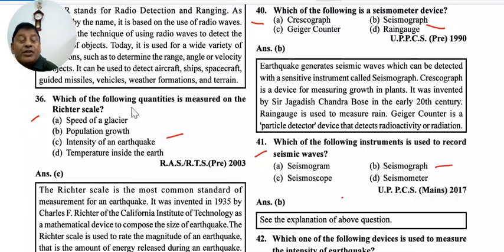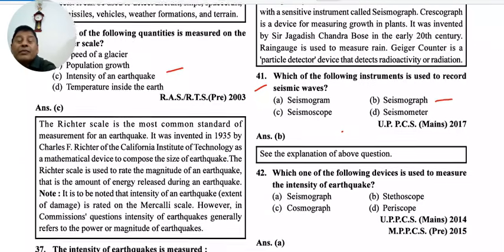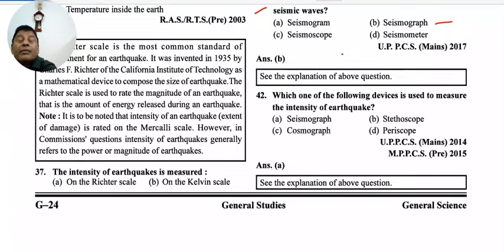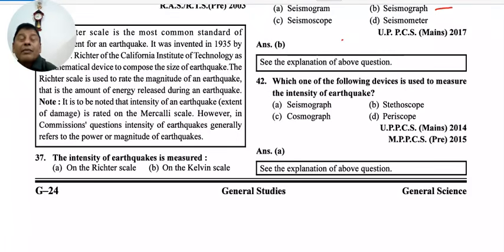Seismograph, all obvious. Which one of the following devices is used to measure the intensity of earthquake? Sure, it's the seismograph, remember.